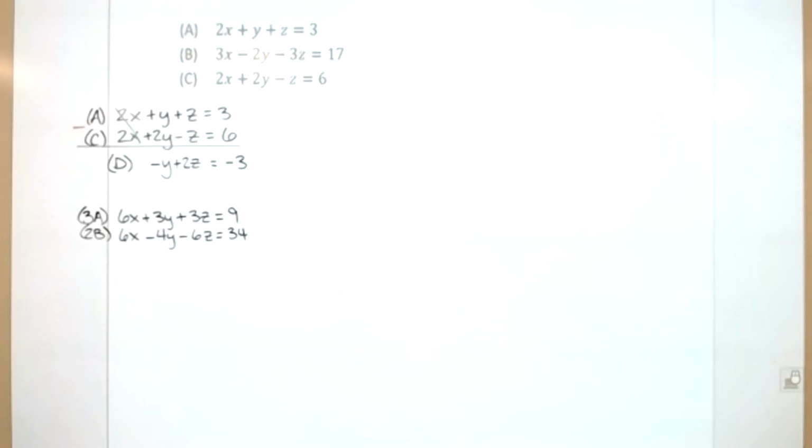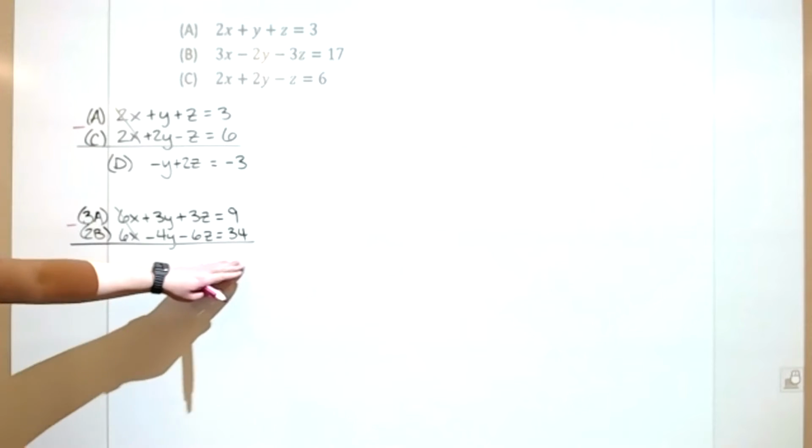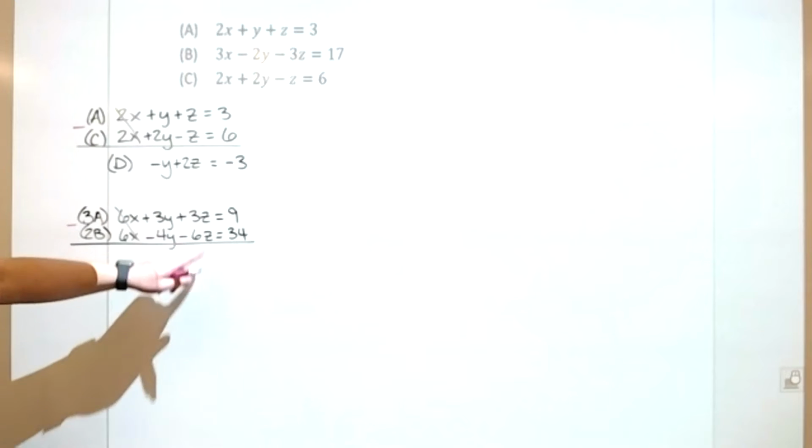Now the point of this was so that now I've got 6x and 6x, I can subtract, and when I subtract, the x will cancel. It'll be eliminated. What's left is going to be an equation down here with just y's and z's.